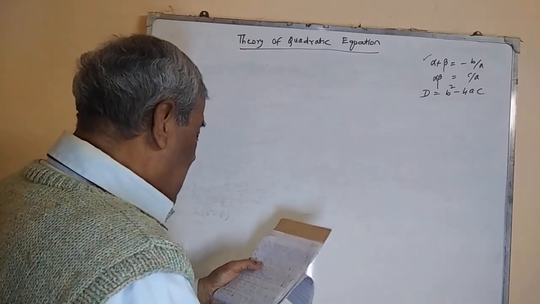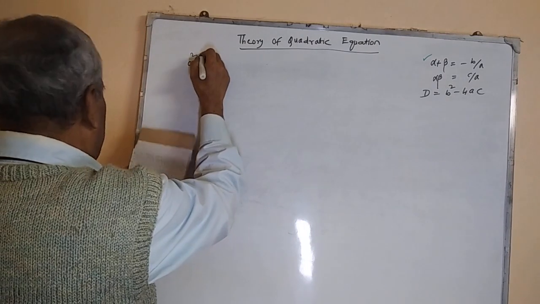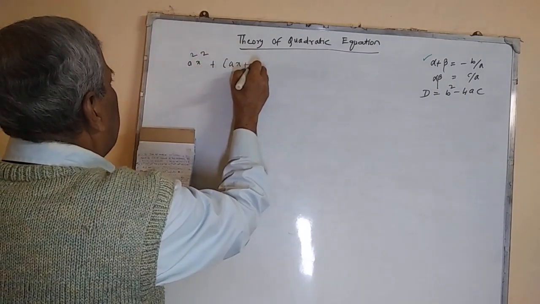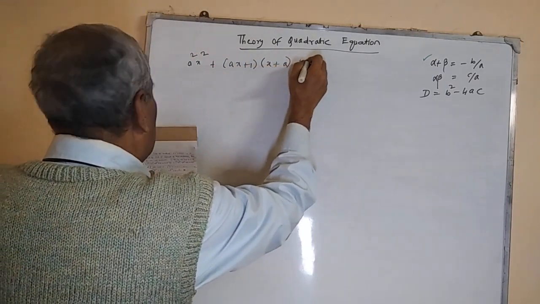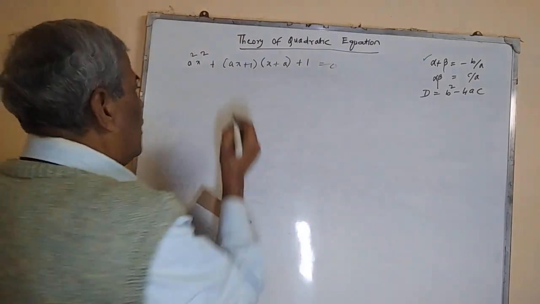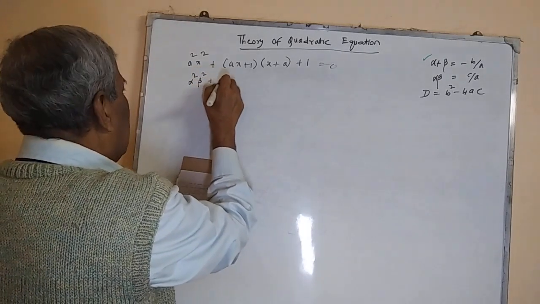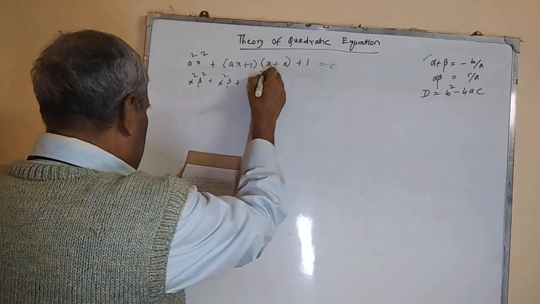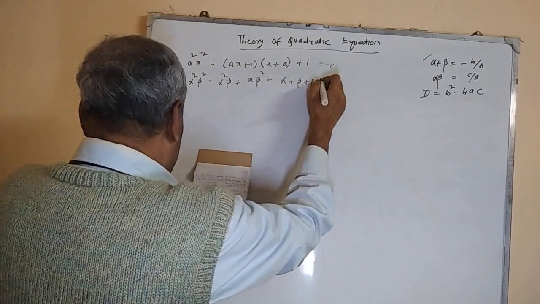If alpha, beta are roots of a square x square plus ax plus 1 into x plus a plus 1 is equal to 0, then find the value of alpha square beta square plus alpha square beta plus alpha beta square plus alpha plus beta plus 1.